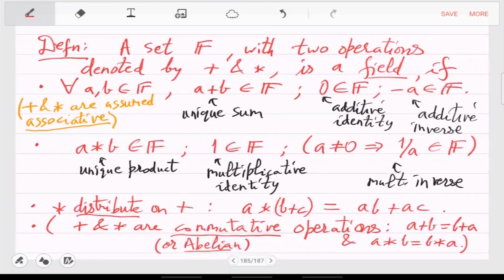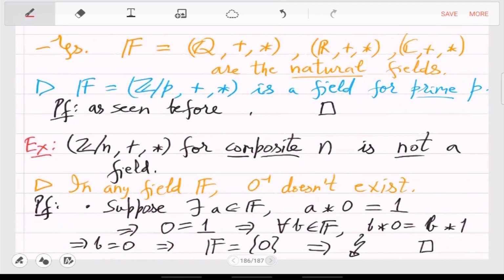So all the axioms for addition should be there, associativity should be there. For multiplication, everything except inverse should be there. Distributivity should be there. Commutativity should be there 50%. So for addition it should be commutative, for multiplication it may not be. Okay, so part of these axioms in this way give you a ring.